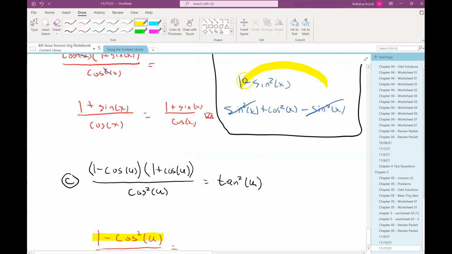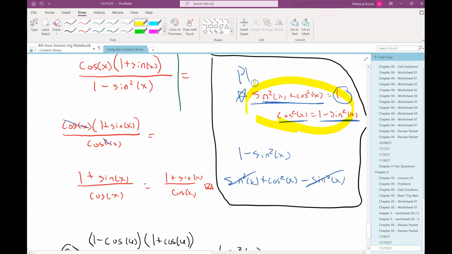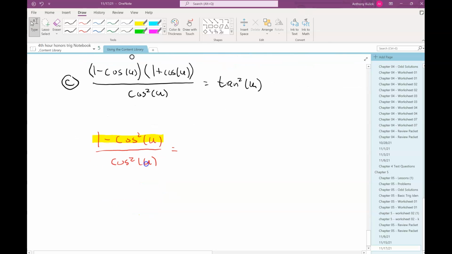So using the same reasoning we used over there, here we can say that 1 minus cosine squared is sine squared, which is great. We've gotten rid of all the addition and subtraction now. That's excellent, since our final answer we're looking for is just tangent squared. We need to get rid of all that addition and subtraction somehow. We've done that.